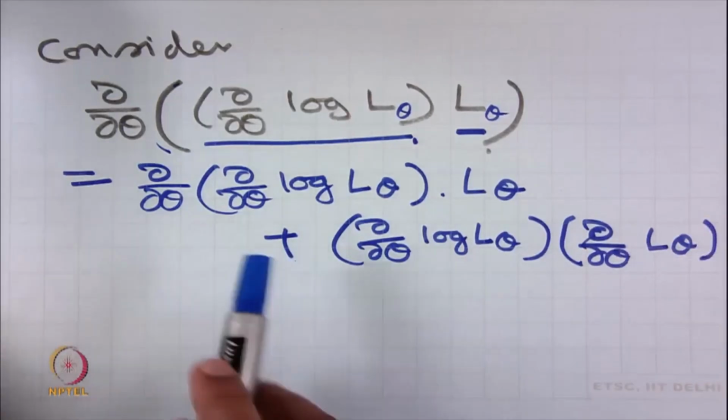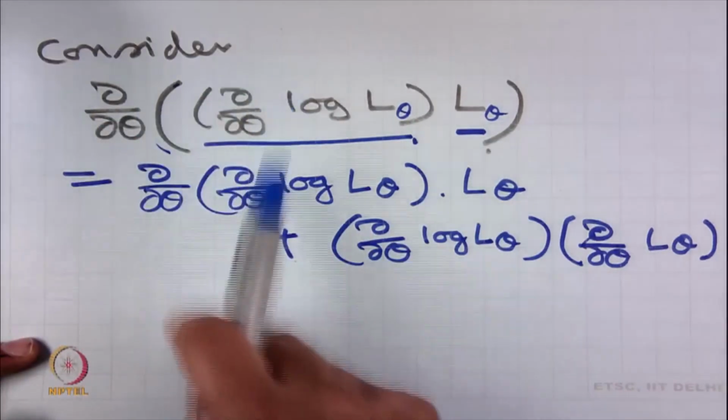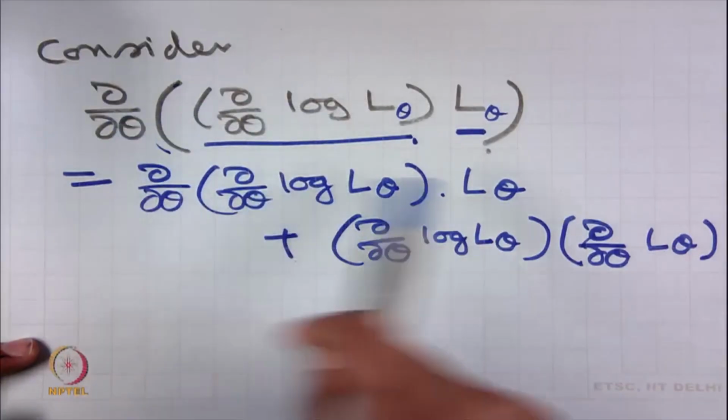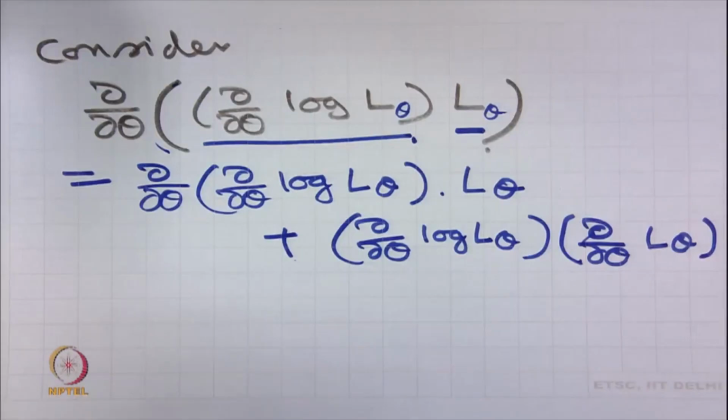This is very straightforward because it is derivative of first function into second function plus first function into derivative of second function.